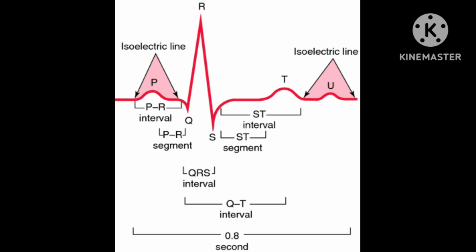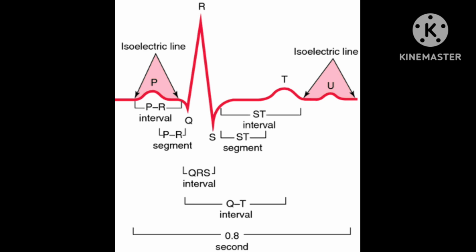What does the QRS wave mean? It is the second wave that begins as a little downward wave but continues as a large upright triangular wave and ends as a downward wave.